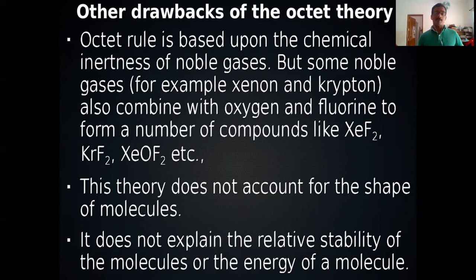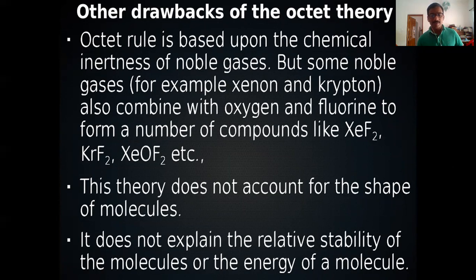For example, xenon can form many compounds, such as XeF2, XeF4, XeO3. So it was based on the inertness of noble gases, but now it is proved that even noble gases will react. If this law was true, noble gases would not react. But if they are reacting, that is a failure.